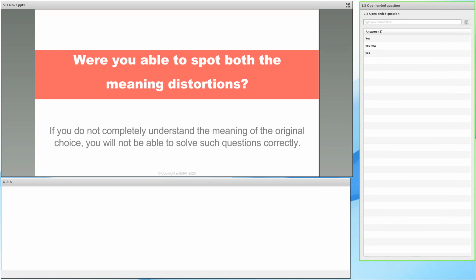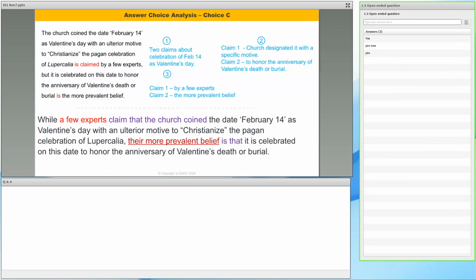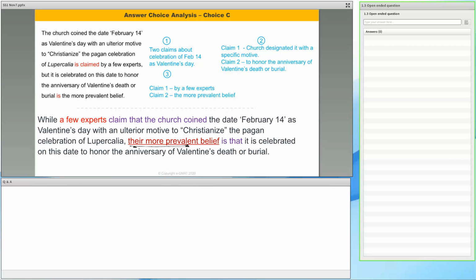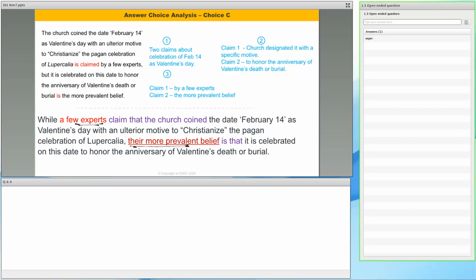Let's look at choice C over here. While a few experts claim that the church coined Valentine's as an ulterior motive, their more prevalent belief... who has the second belief in choice C? Isn't it the same group of experts? The same group of experts, right?